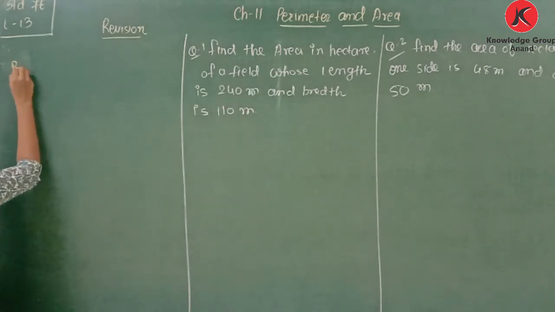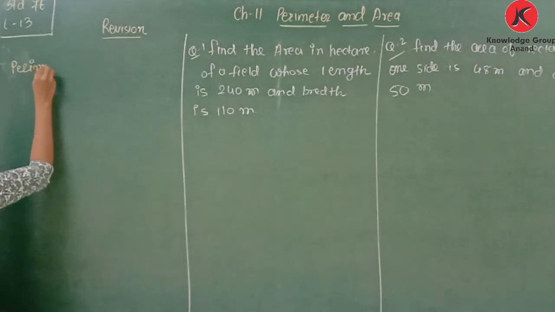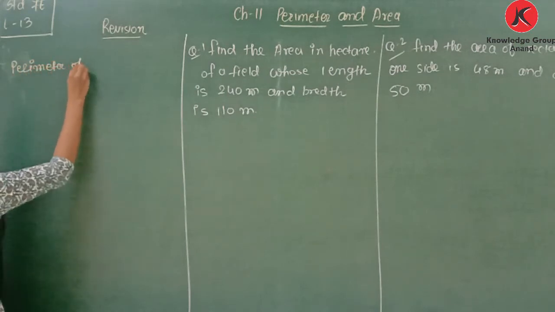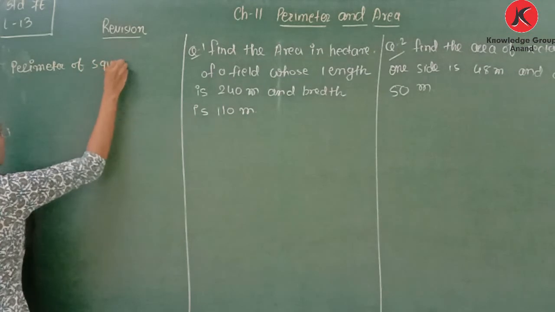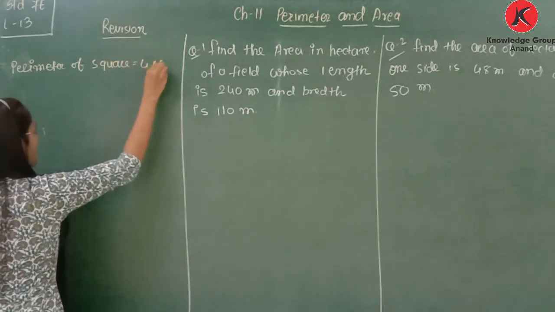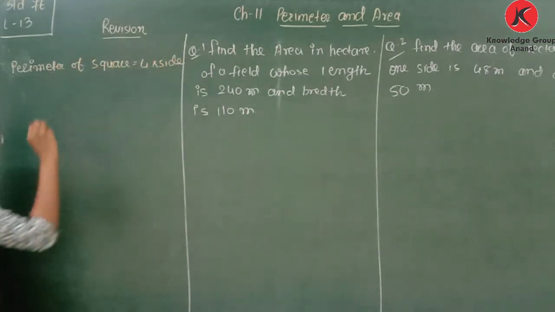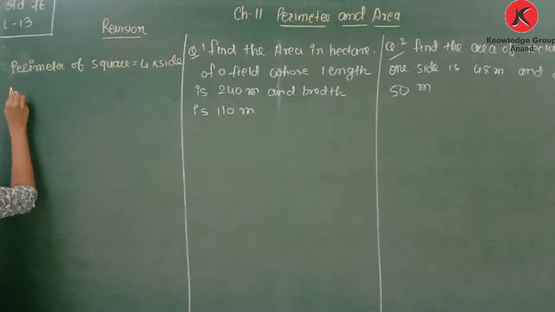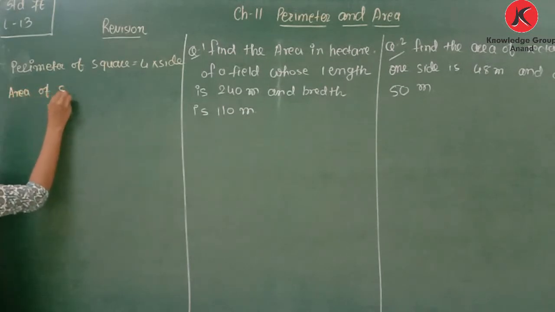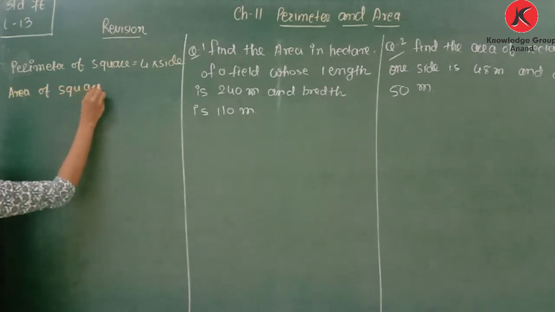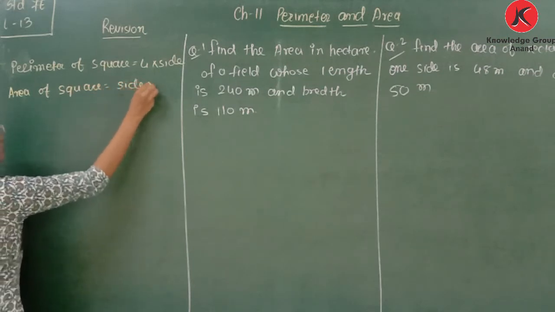So first, perimeter of a square, that is 4 multiplied by side. Now area of a square, that is side multiplied by side.